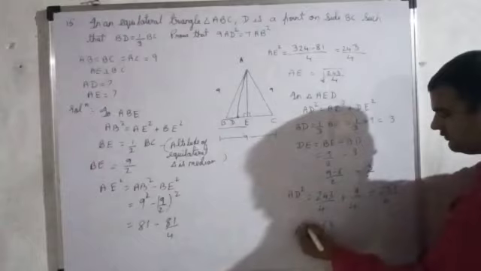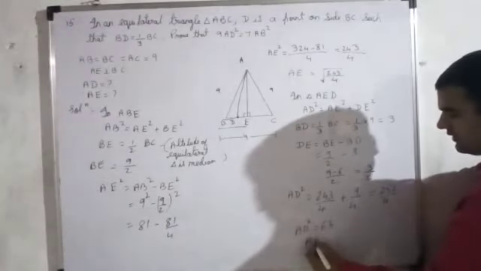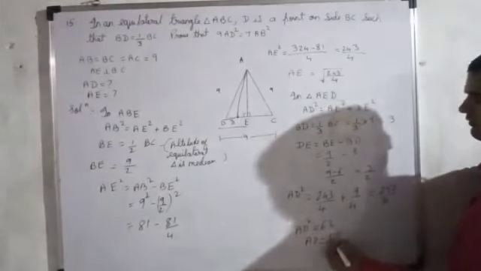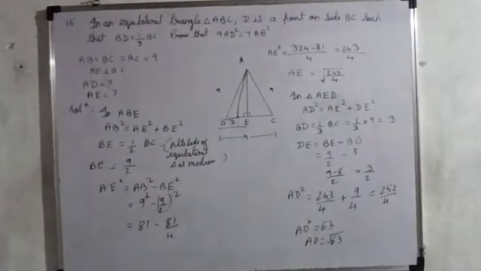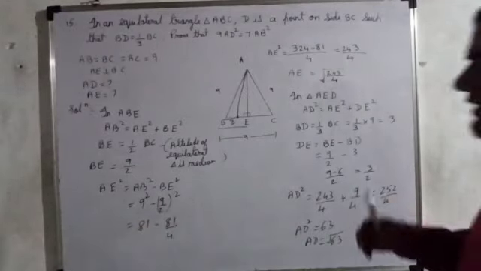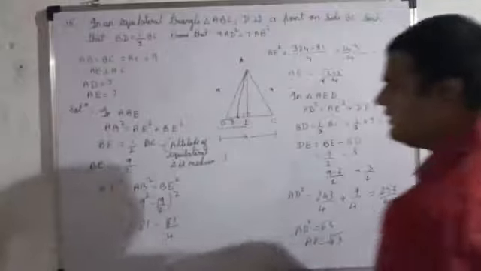AD square is 63, so AD equals root of 63. If we make changes like this, it becomes an application based question and we got AD as root 63. But in the textbook how it is given, we can solve like that also. Yes, so I will add that further and you can see the solution again.